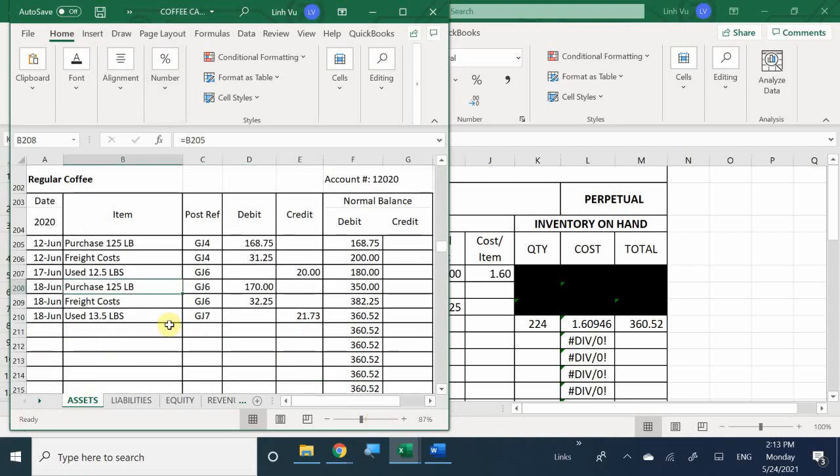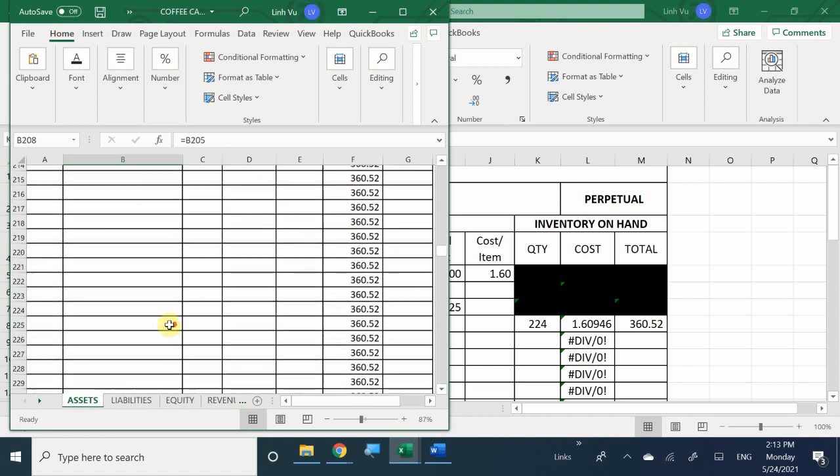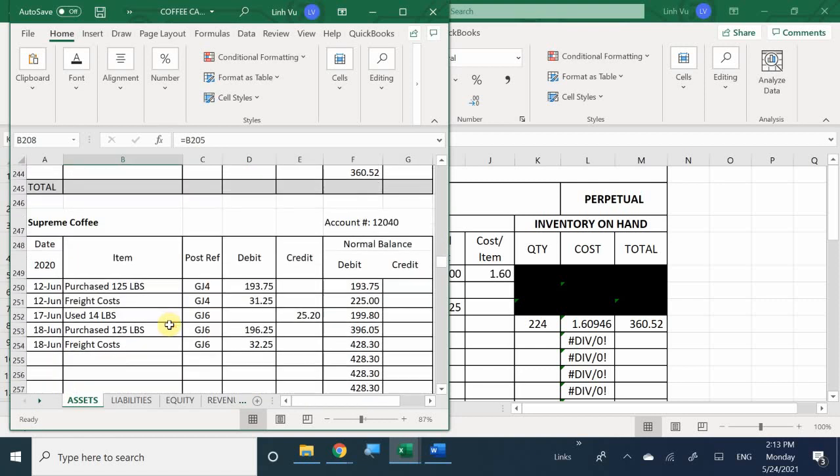Okay. So now regular coffee, supreme coffee, or spring coffee. 618.18. Used 14 pounds. GJ7. And a credit for 25.20. Okay, should give you 336.10.